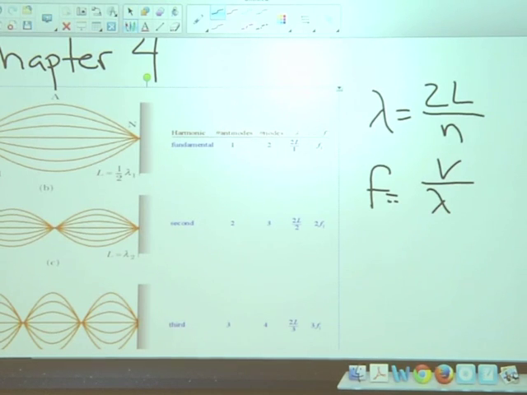What was L again? The length of the string. So if I said my string was 0.5 meter, in the first harmonic, the wavelength is 1 meter. In the second harmonic, the wavelength is 0.5 meter. Now, once I know my fundamental frequency, everything else is easy.